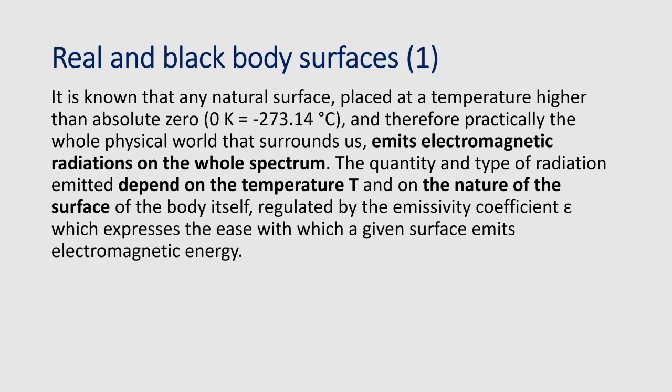The quantity and type of radiation emitted by these surfaces, these targets, for example over the Earth's surface and of course in the sun, depend on the temperature T and on the nature of the surfaces of the body itself.